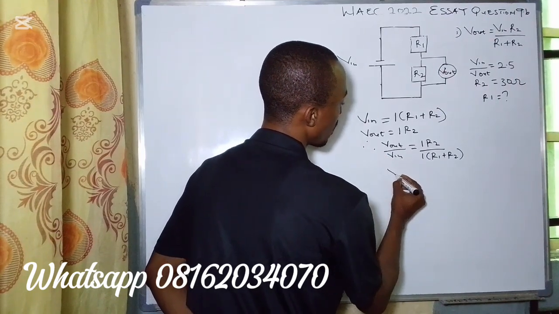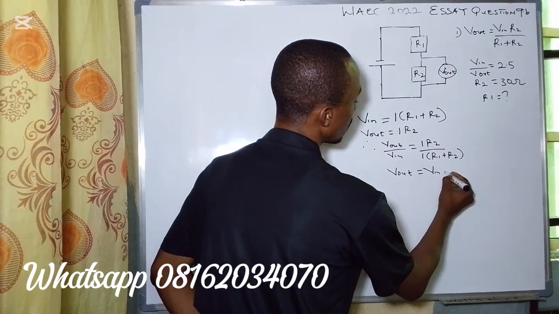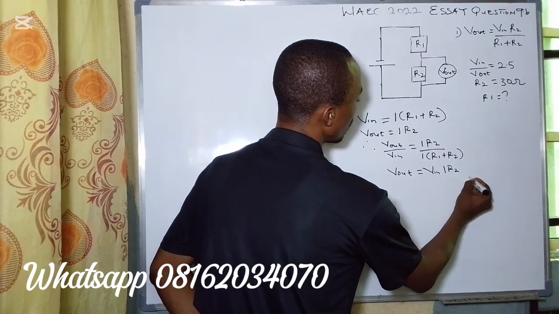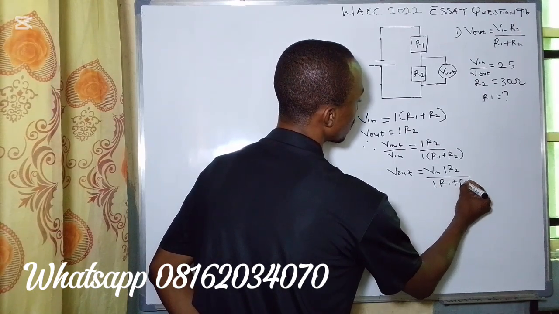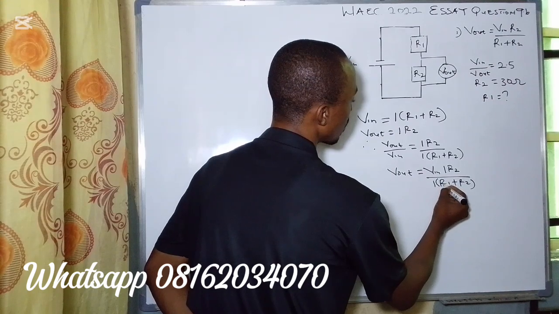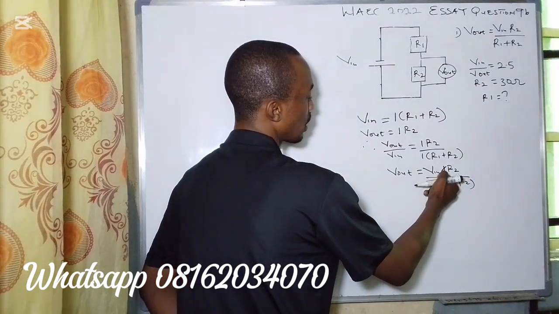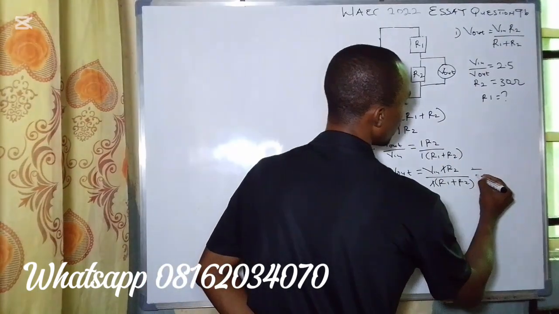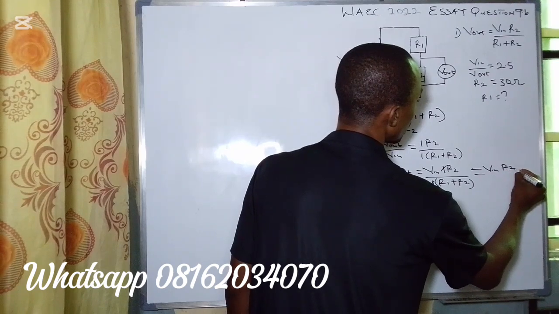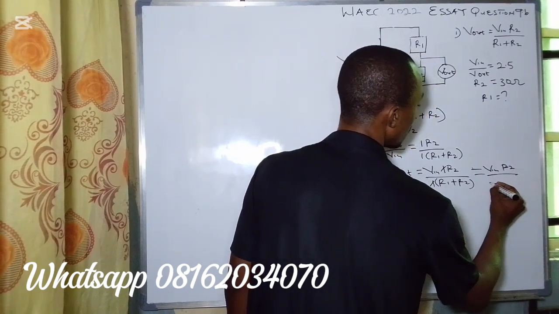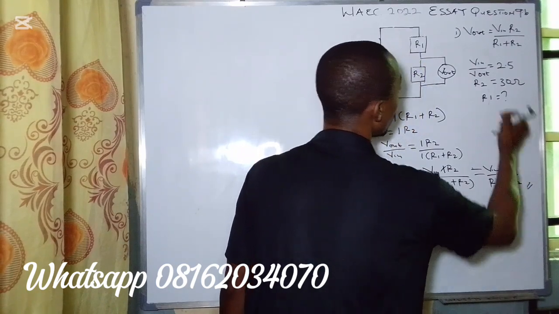We are going to have V out equal to V in times I R2 over I, R1 plus R2. But this I, which represents the current, we are not actually doing anything with it, so we cancel it, because current is here and current is here. So we'll have V out equal to V in times R2 over R1 plus R2. So we have been able to derive this.